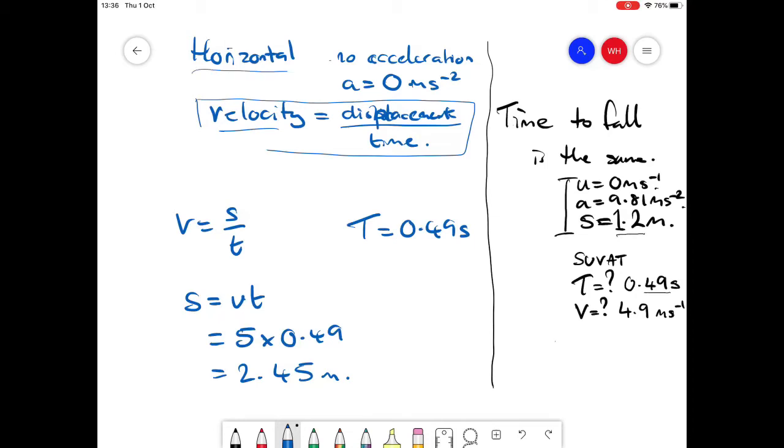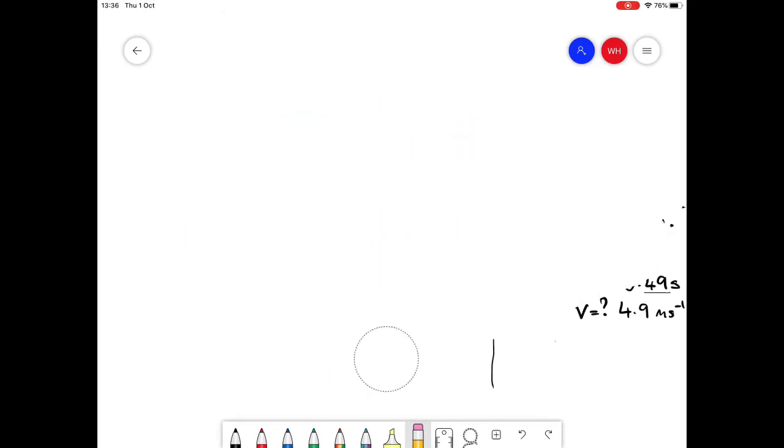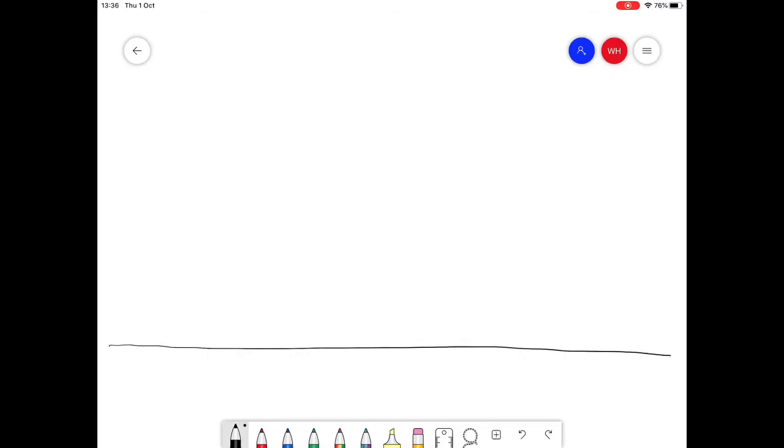So that's all we have to do for both those components. So let's look at a more complex scenario like you would experience in an exam. Just going to erase all of this. Actually, before we think about a complex scenario, let's think about something that's really, really useful. There's a couple of key points.